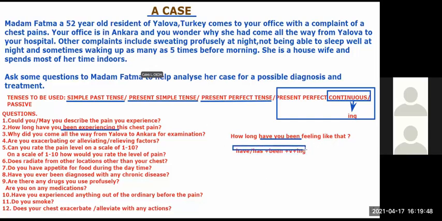So, when talking about something. Now, I have been coughing blood since last week, Tuesday.